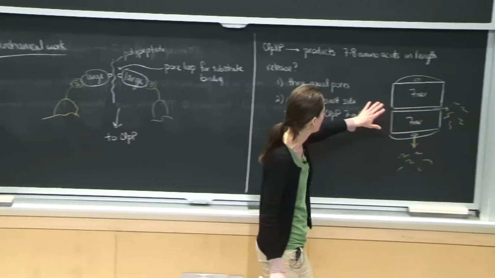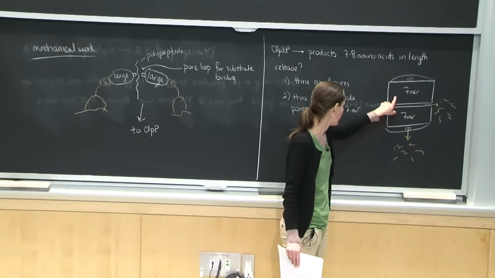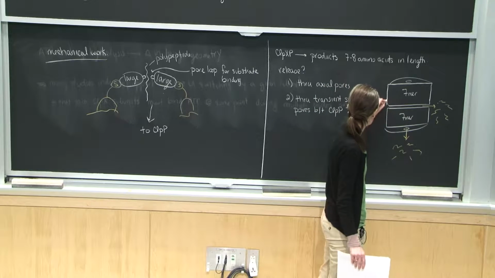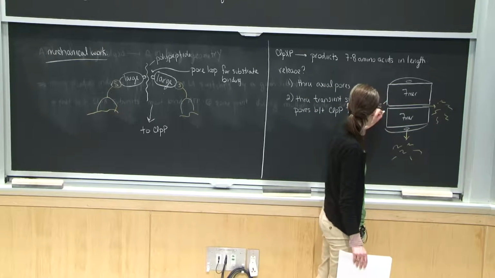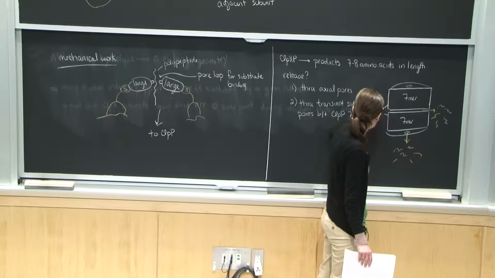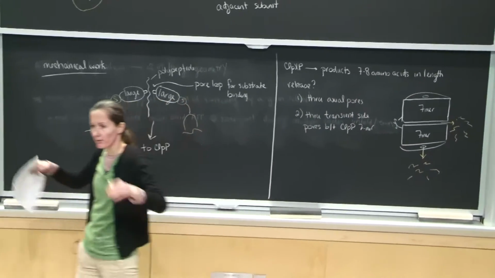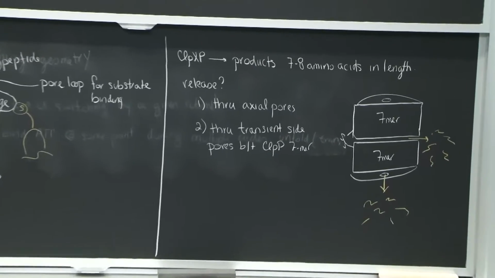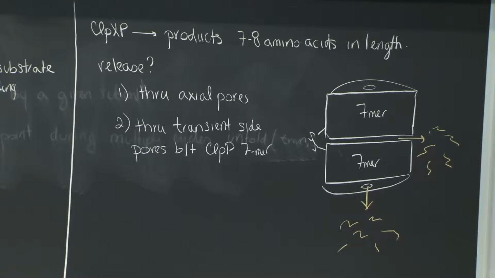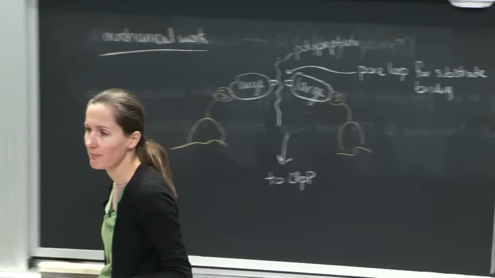And there have been some experiments done where people have put cysteines in this region by site-directed mutagenesis. So you can imagine, if you have a cysteine here and a cysteine here, and you oxidize to form a disulfide such that those two 7mers are locked together, you can ask, if we load the chamber with small polypeptides and have these cross-linked by disulfides, can the polypeptides get out?